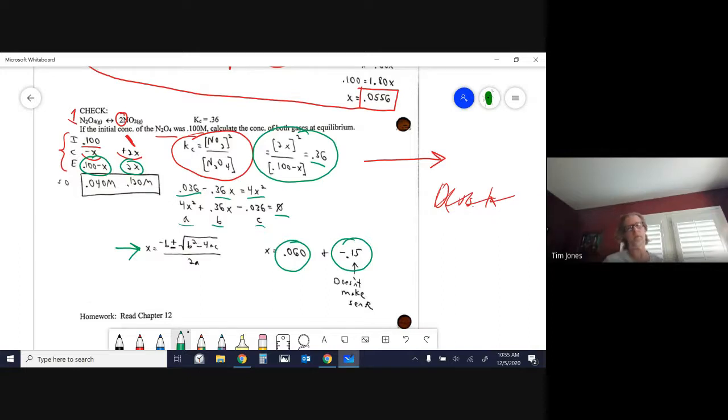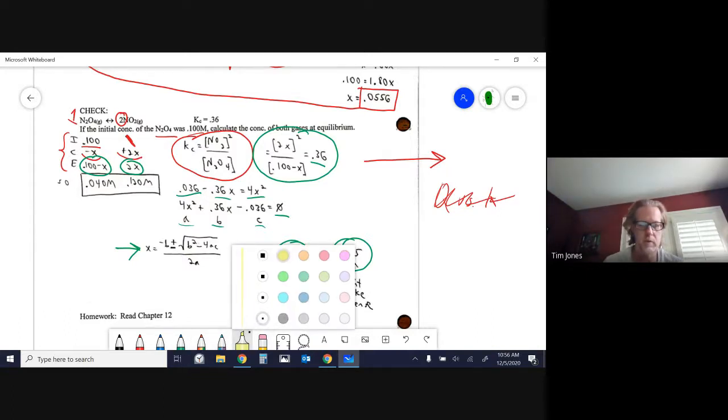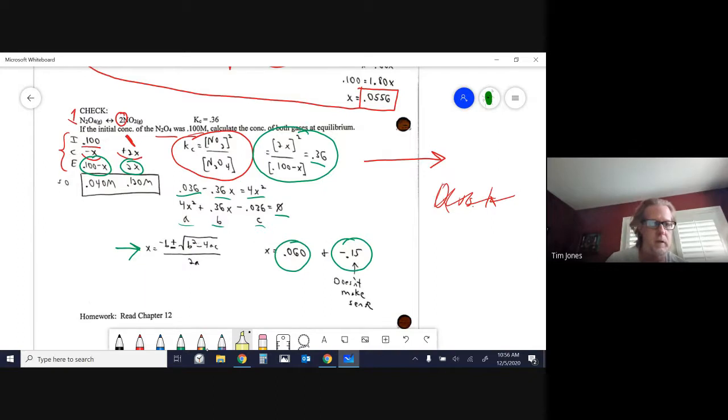What you need to do at this point is try both of them back in our ice chart right here and see which one makes sense. If you plug in a negative 0.15, you will get a negative amount of reactant and negative amount of product.